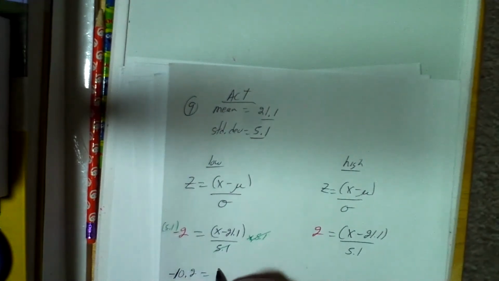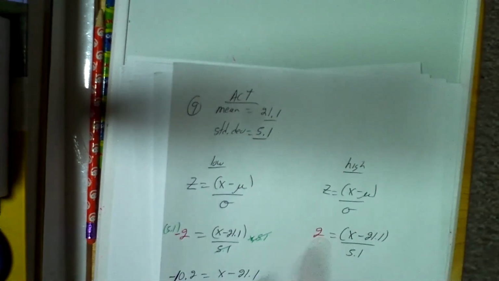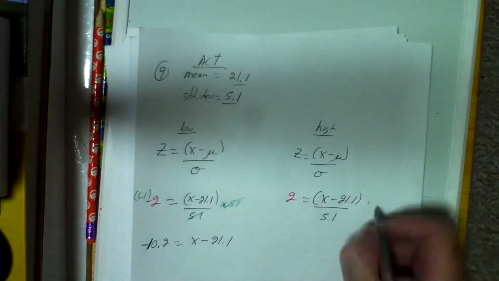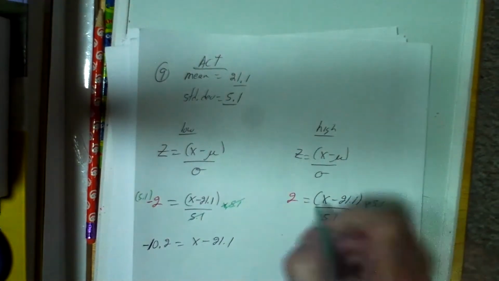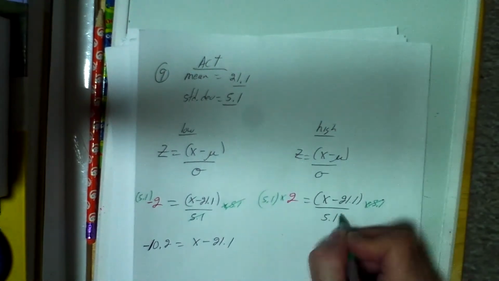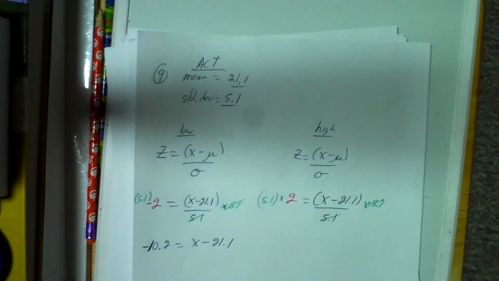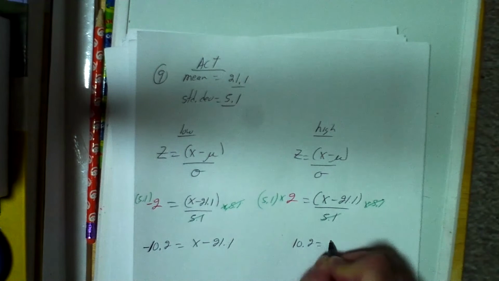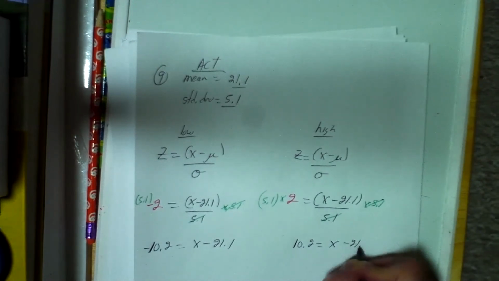That cancels, so I'm left with x minus 21.1. Over here, you're going to do the same thing. You multiply both sides by 5.1. Cancel, cancel. This one, you end up with a positive 10.2 equals x minus 21.1.